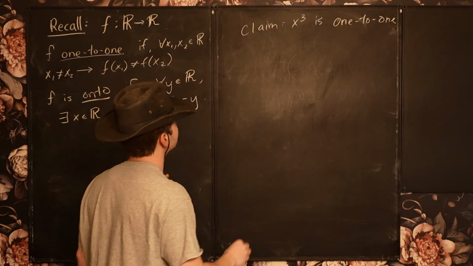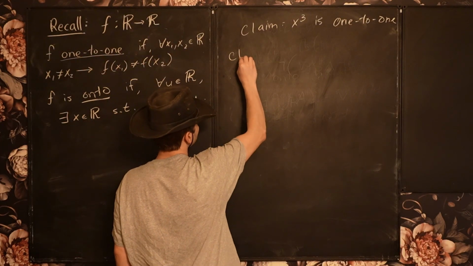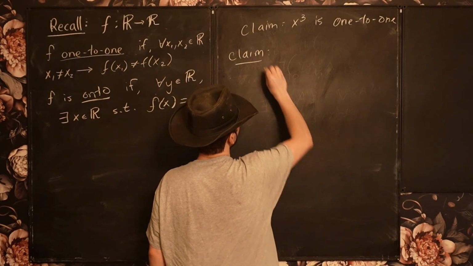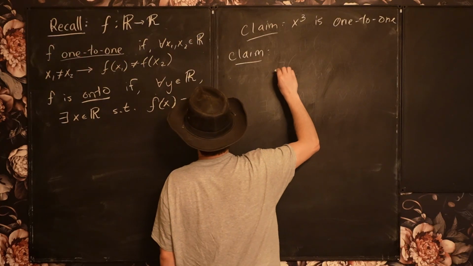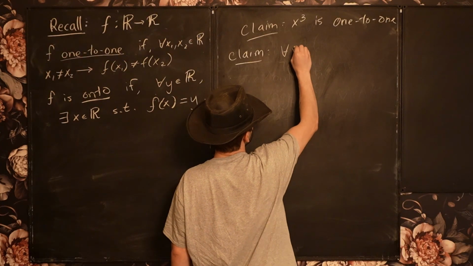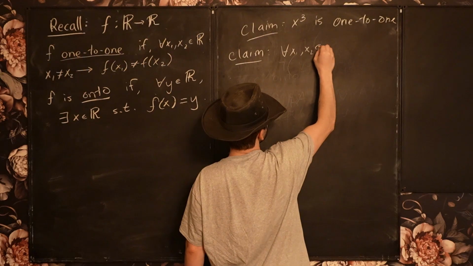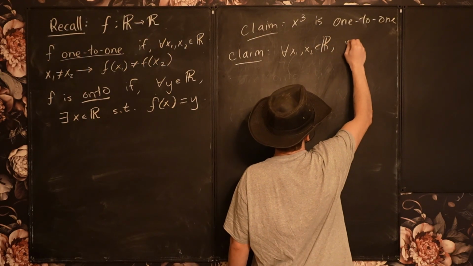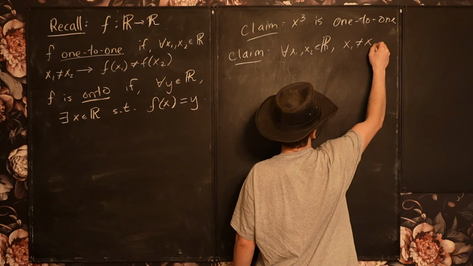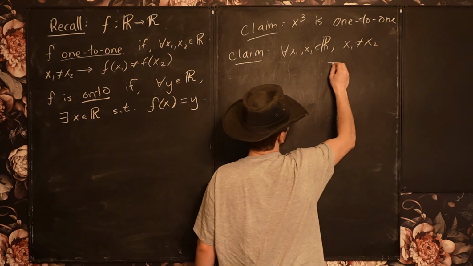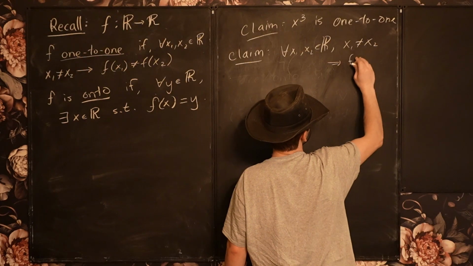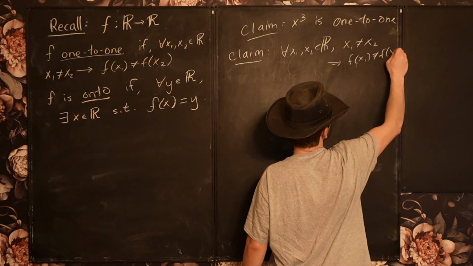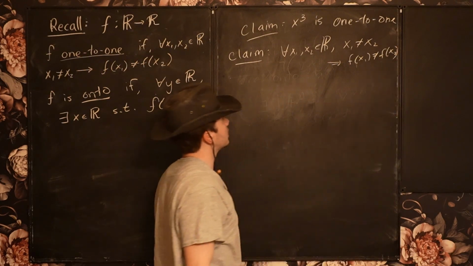Okay, to show that, I need to show, so this is my equivalent claim, that for x1, x2, x1 not equal to x2 implies f of x1 is not equal to f of x2.